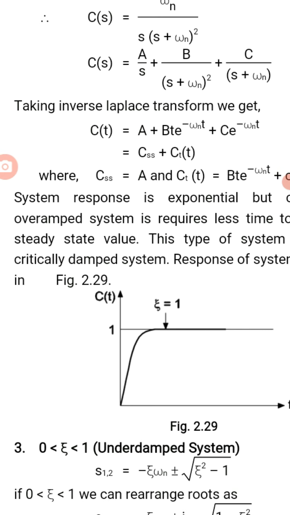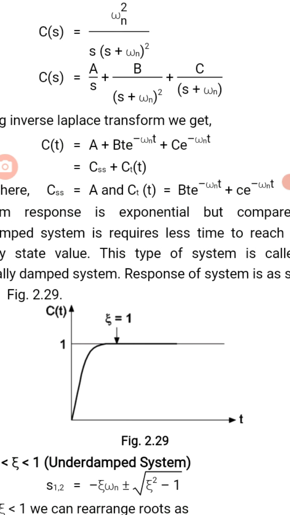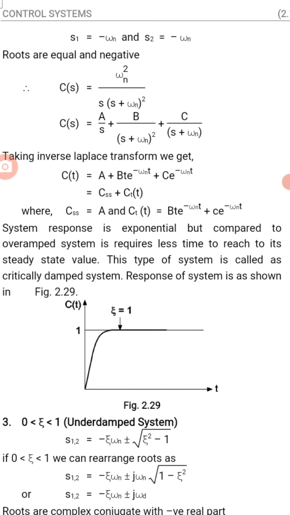So this is again an exponential charging, Bt into e raised to minus omega n t, but it has the standard value omega n. So below that there will not be any oscillation, or above that it will not be settled.